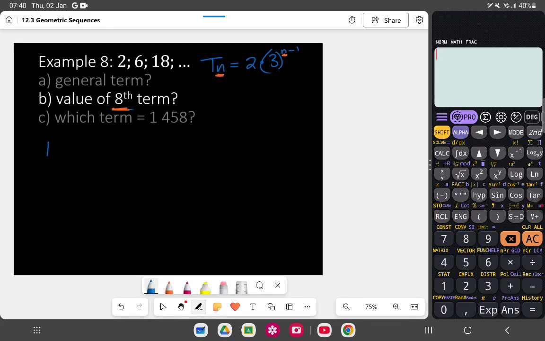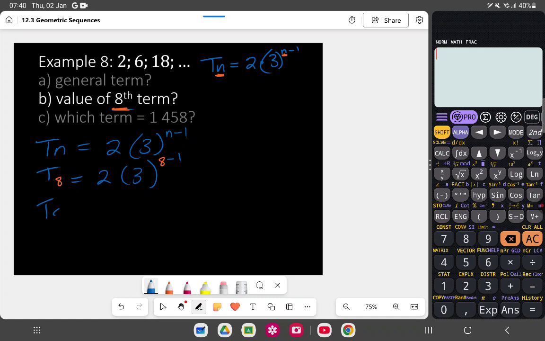So we're going to say term n equals 2 bracket 3 bracket n minus 1. So term 8 is equal to 2 bracket 3 bracket 8 minus 1, which you can input just like that into the calculator.